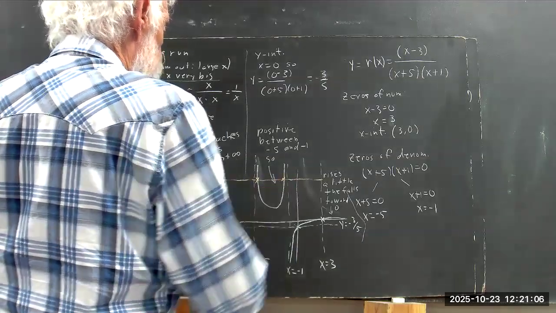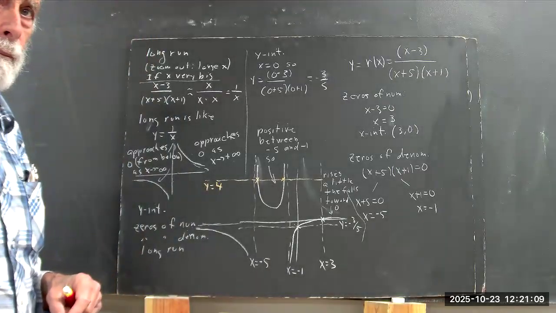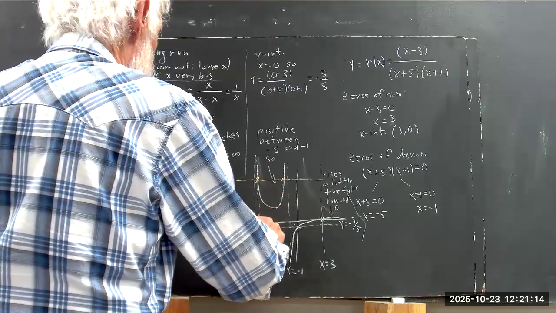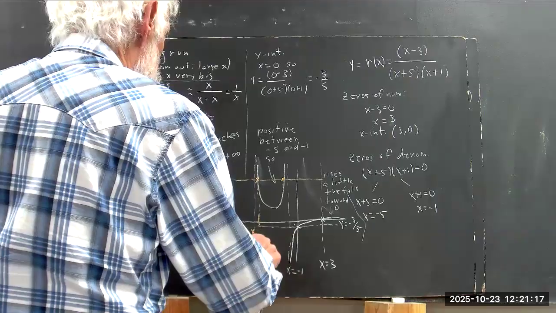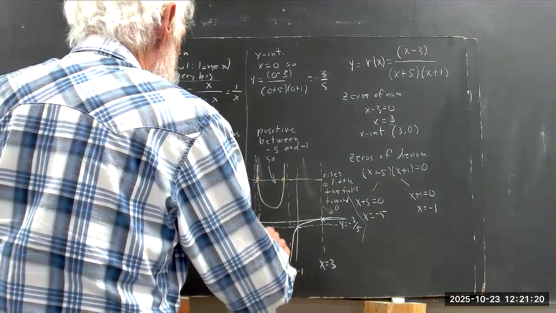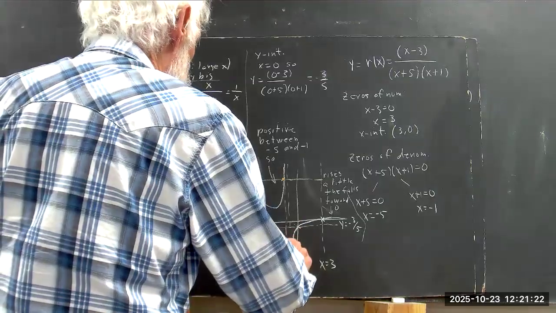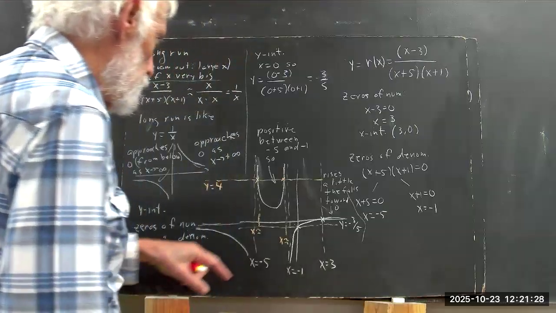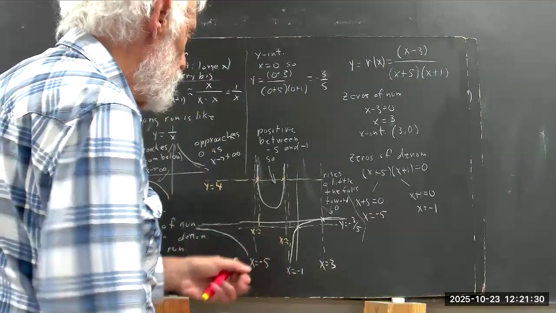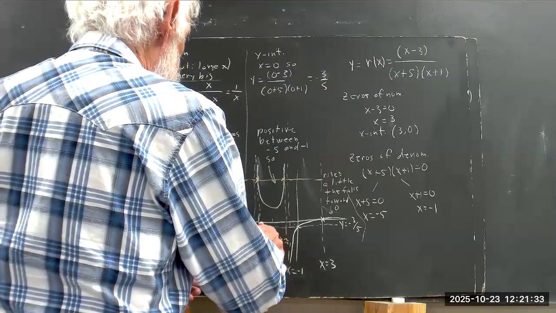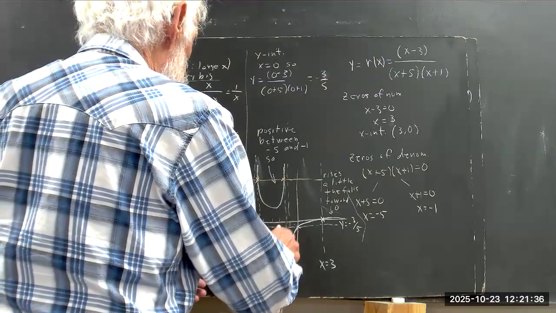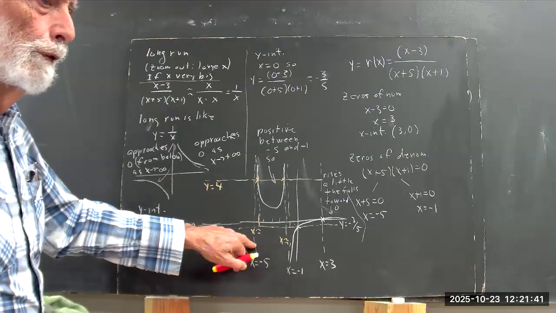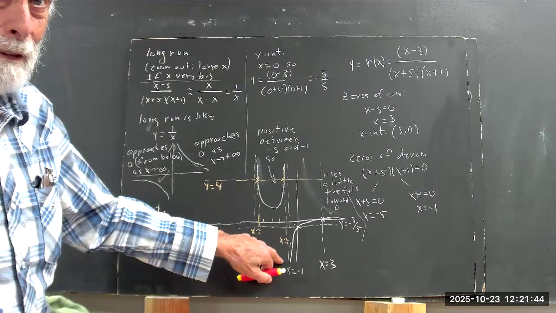Right here is where we intersect the line. And we come down here and estimate x. Well, if this is -1, this is -5, here would be -3, here would be -4, here would be -2. It looks an awful lot like about -4.5 and -1.5.